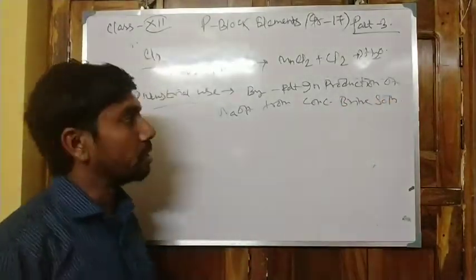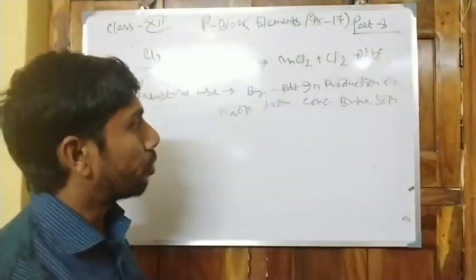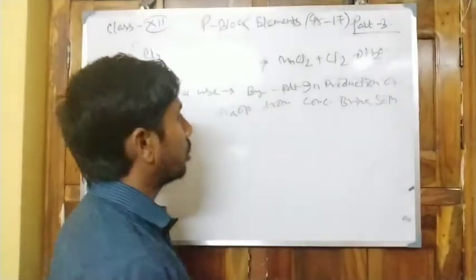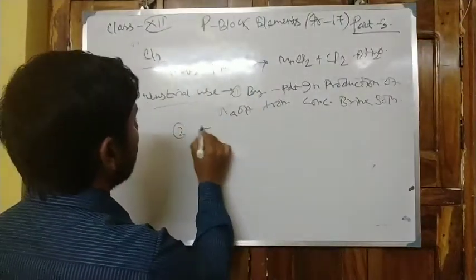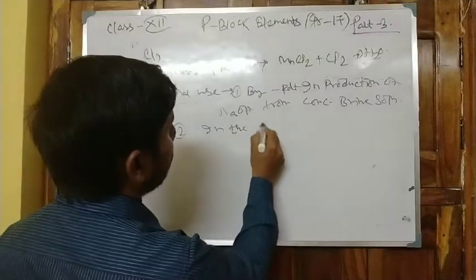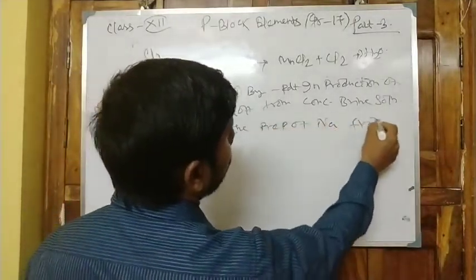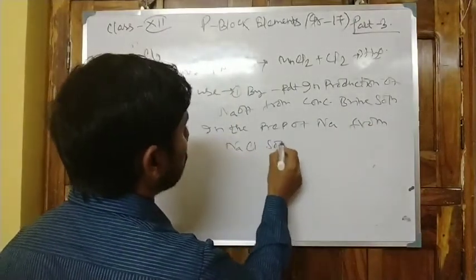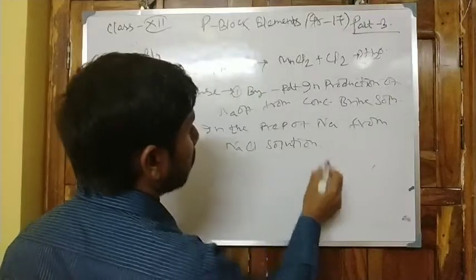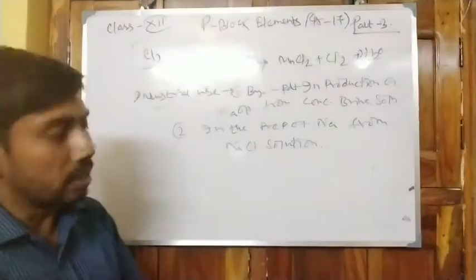So it is produced as a byproduct in the production of sodium hydroxide from concentrated brine solution. It is number 1. Second one, in the preparation of sodium from NaCl solution. So these are the two preparations of chlorine on the industrial scale.